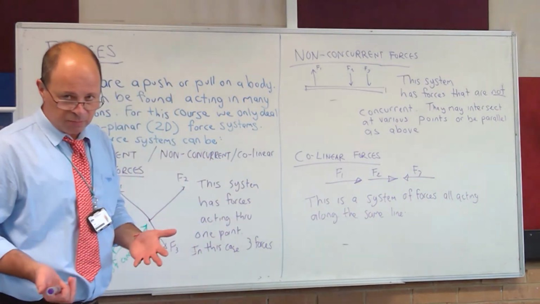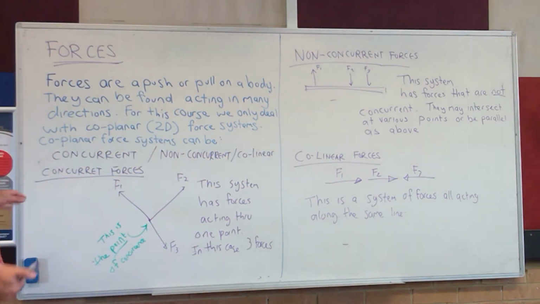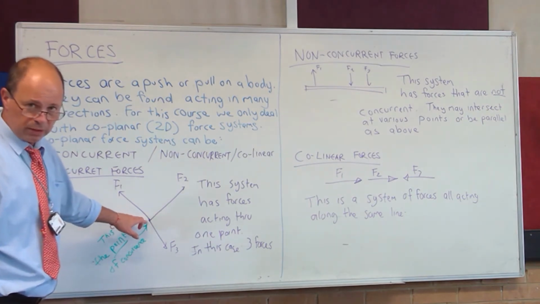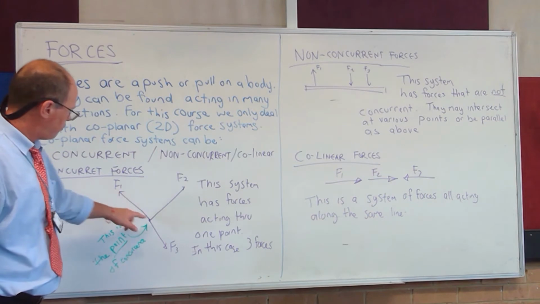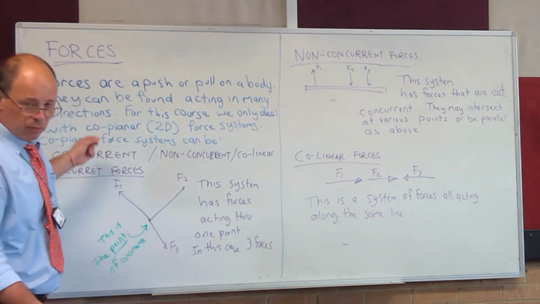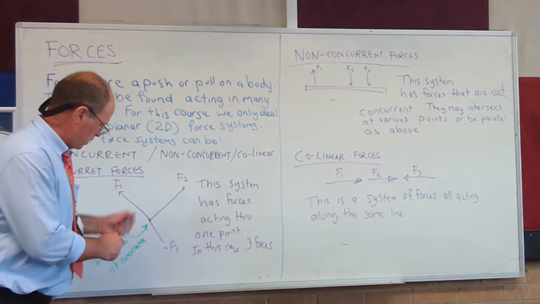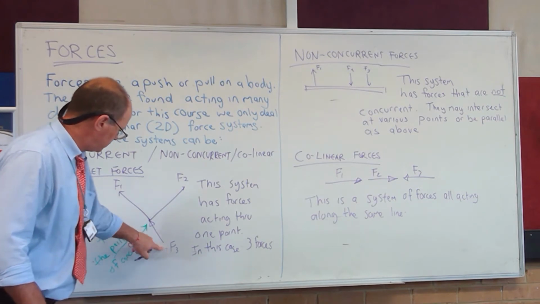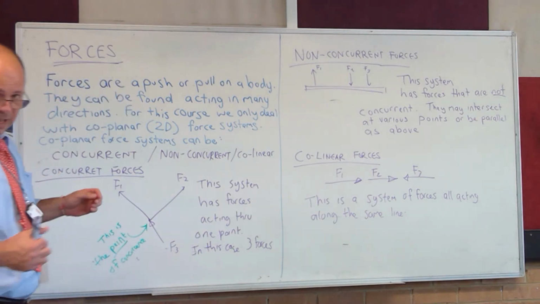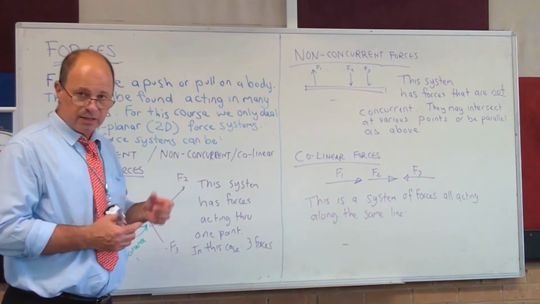Okay, sounds complex, it isn't. Concurrent is acting through the same point. So if we've got a point where the force is being applied, we've got F1, F2, and F3. They don't have to be pulling away. You could have an arrow that was facing in as well. As long as they're all acting through that same point, they are concurrent.